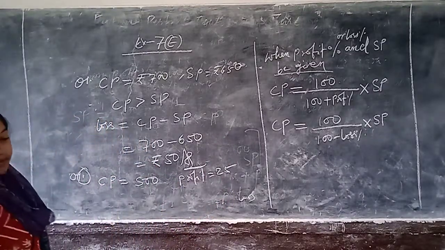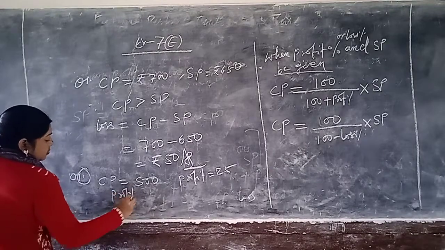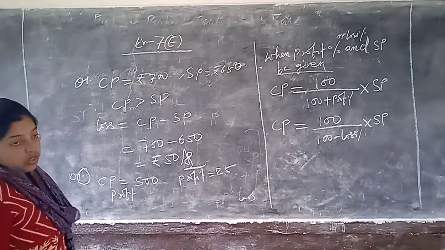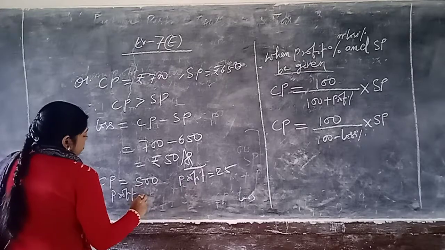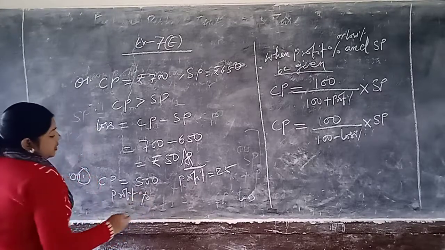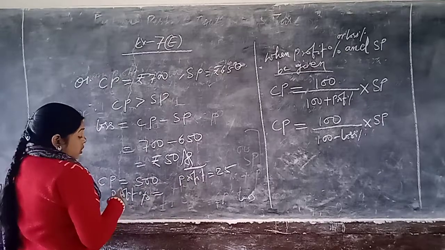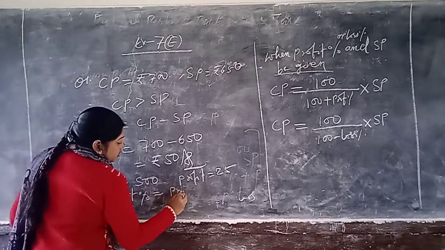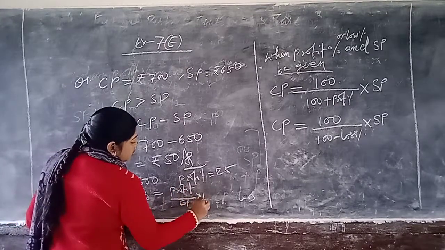So find the profit or loss percent, and also find the SP. So first you find the profit percent. You know that profit percent equal to profit by cost price into 100.